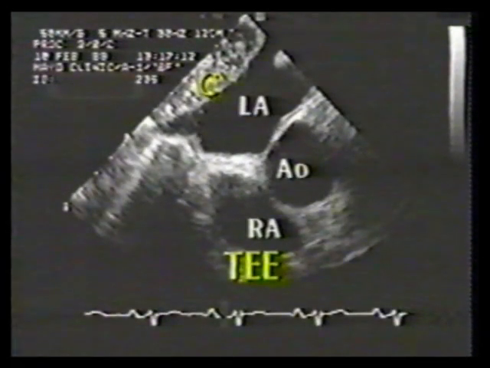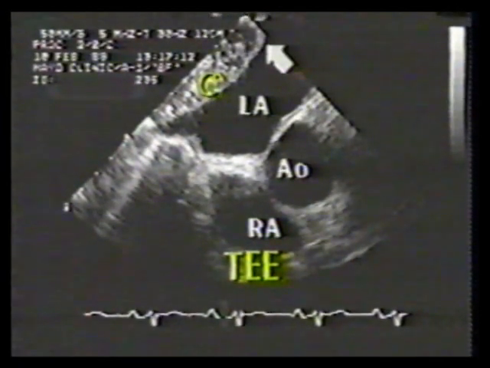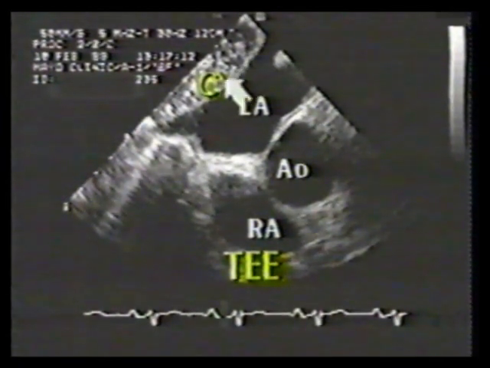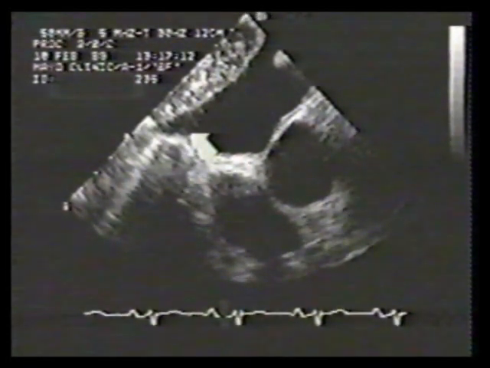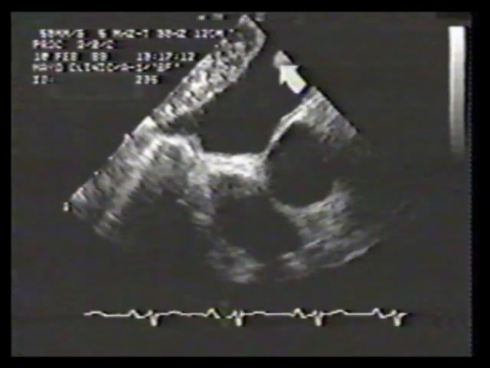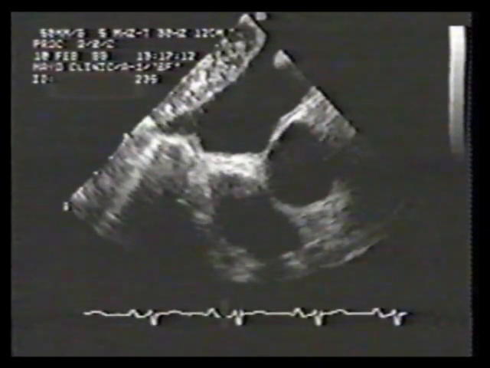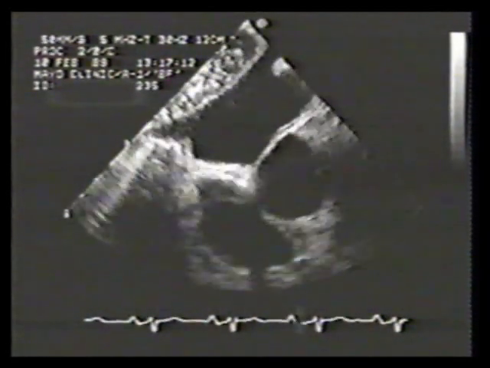On transesophageal examination, the transducer lies adjacent to the left atrium and to a cystic mass outlined by the arrow. The pulmonary veins, the right lower pulmonary vein and the left lower pulmonary vein, appear to be distorted by this cystic structure.